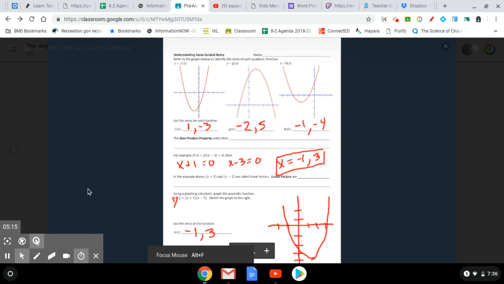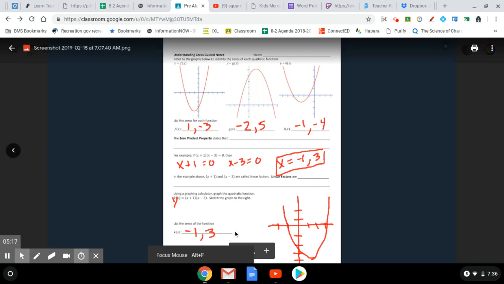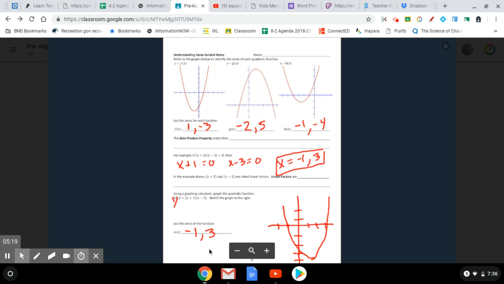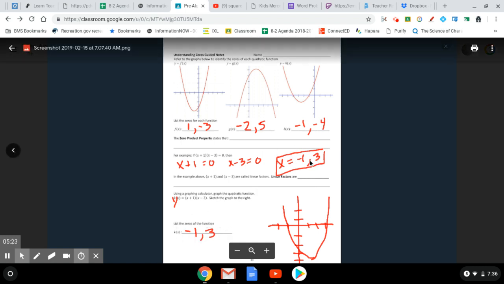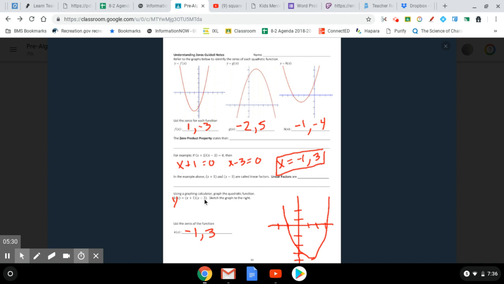Now at the top of the next page, it's asking you to look at these two numbers, the two zeros, in comparison to what you got when you solved, or the linear factors. Okay, if you noticed, this was the same equation that you graphed and the same equation that we solved. Well, when we solved it, we got x was -1 and 3.